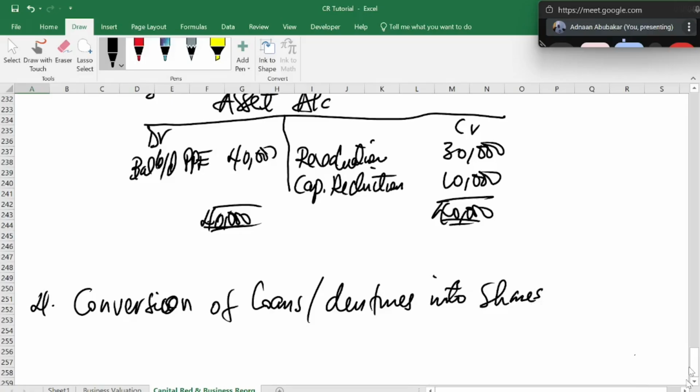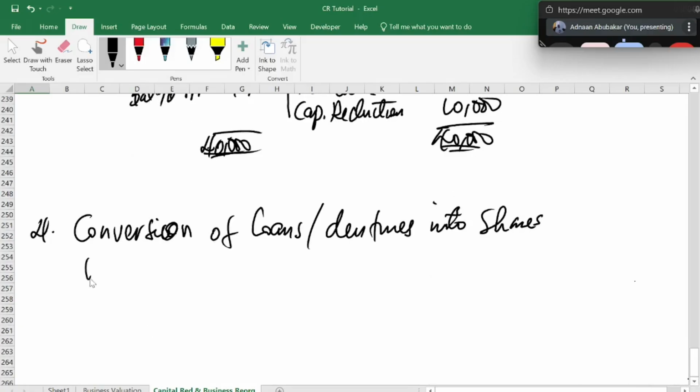Now watch here. Another one here. We said that the debit was the loan. Conversion of what? Conversion of loans or debentures into shares. Debit loans account and your credit ordinary shareholders.